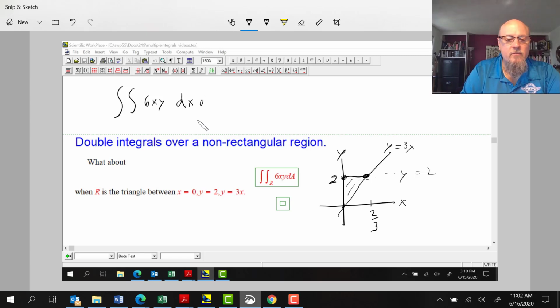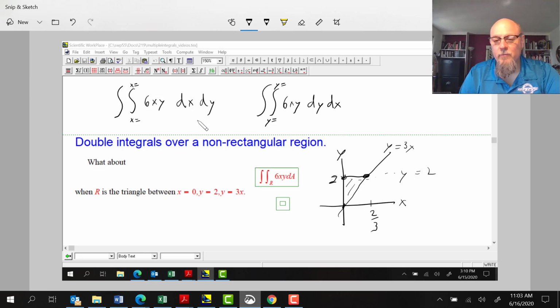So I can do dx first and then dy, or I can do dy first and then dx. If I do x first, then the inner ones are x. If I do y first, then the inner ones are y. And then the outer ones here have to be y, and the outer ones on this one have to be x.